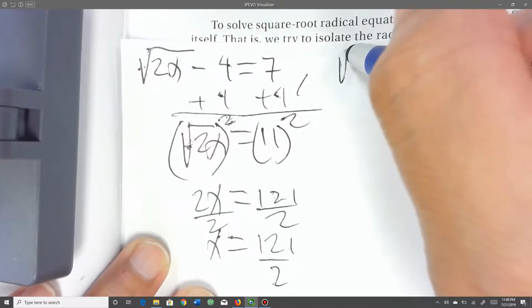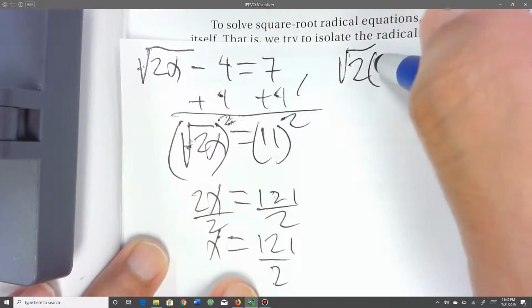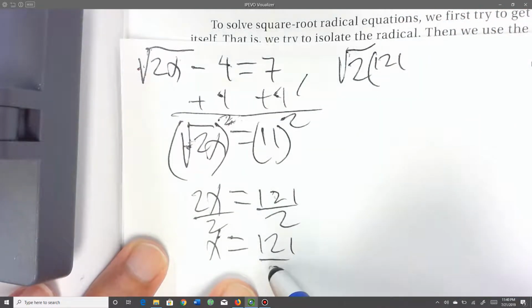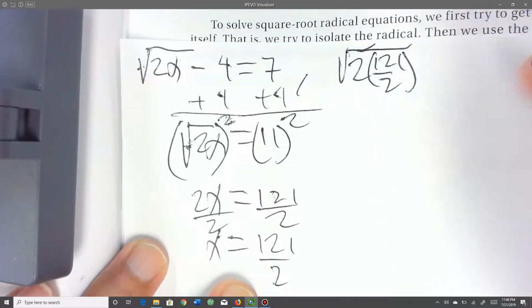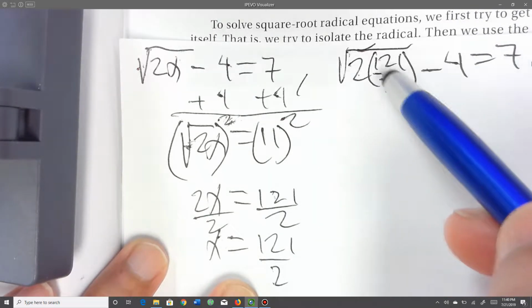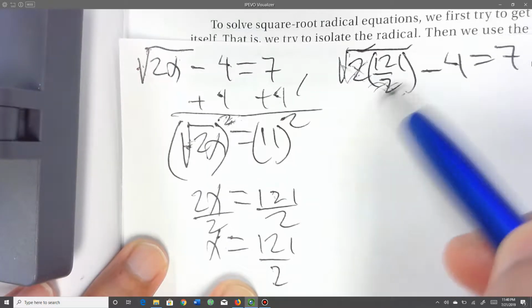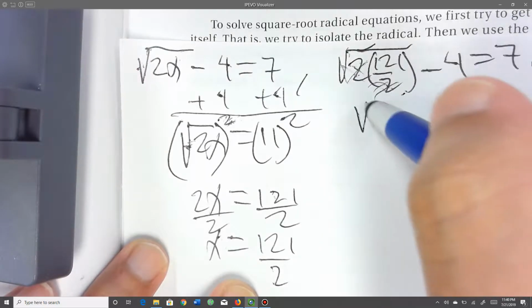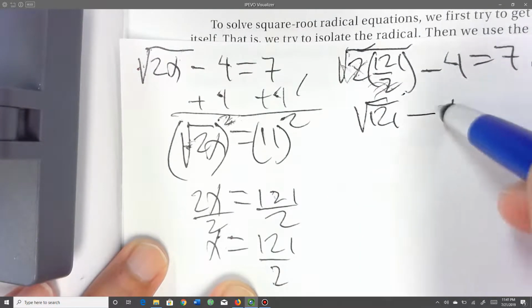So I'm just rewriting here 2 times x, except for now I need to substitute the value for this x, 121 over 2, and then I'm just rewriting everything else. Since I'm multiplying here, I can remove a factor of 2, these two right here, rewrite 121, and rewrite everything else.